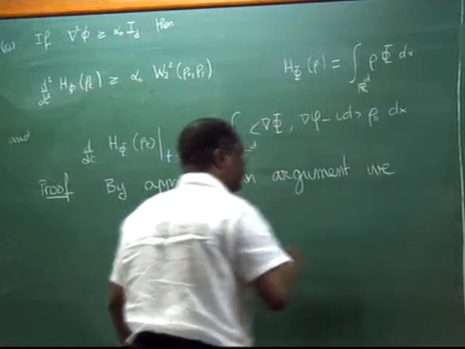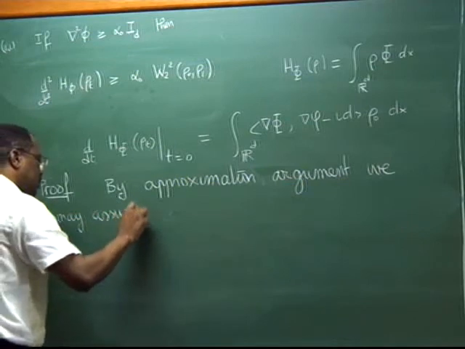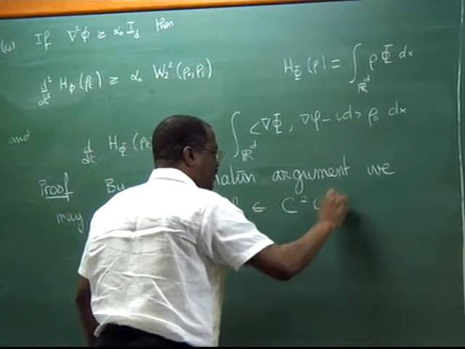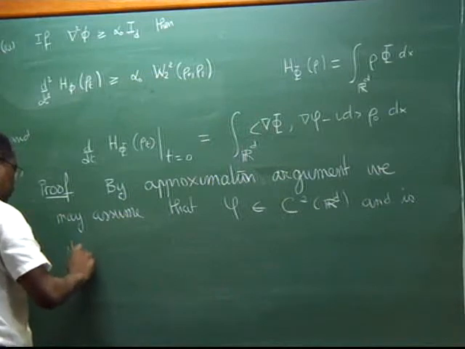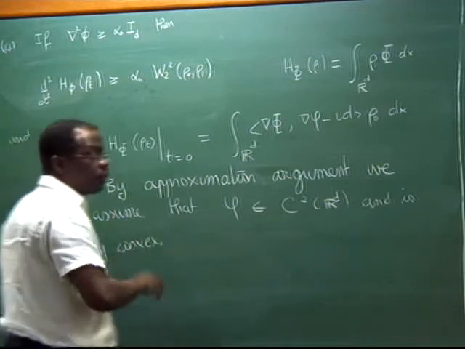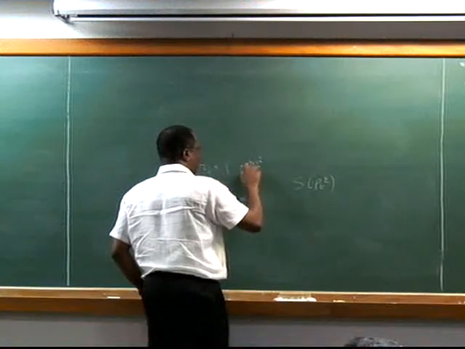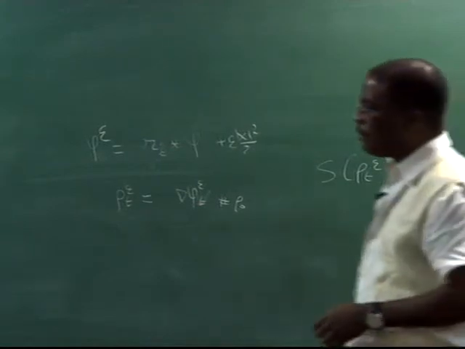We may assume that phi is of class C2 of Rd and is strictly convex. So I am going to do the computation under this assumption. Otherwise, I am going to modify it. When I modify it, I am not sure I have a strictly convex map, so I am going to add epsilon x squared over 2. Then I have a strictly convex map, and I have everything I need.